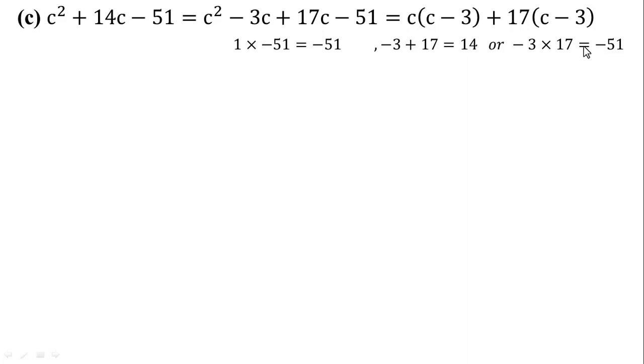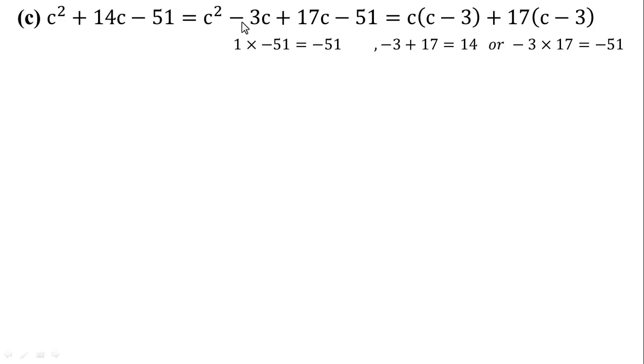Now taking the pairs of 14 into 2 parts, minus 3c plus 17c. Now we have c square minus 3c plus 17c minus 51.